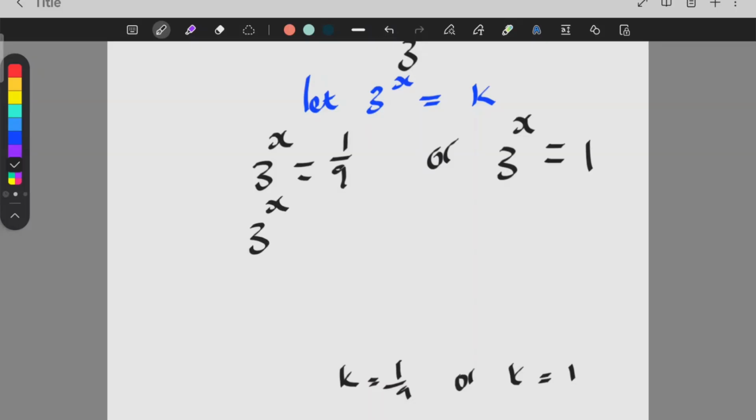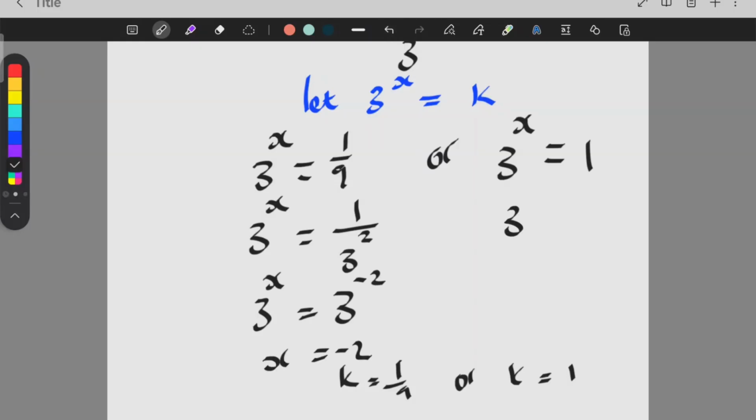So 3 to the x, 1 over 9 is 1 over 3 to the 2. Now I can bring this up because I want the base numbers to be the same. So x is negative 2. And on the other side, 3 to the x, 1 is 3 to the 0. And then this is equal to that. So x is equal to 0.